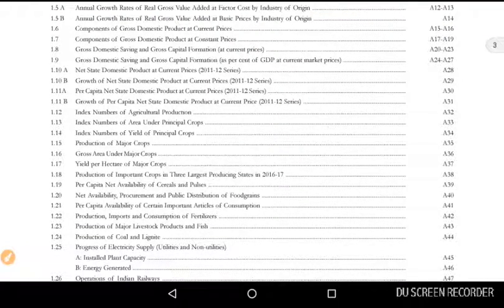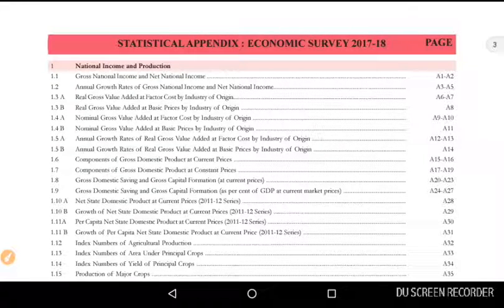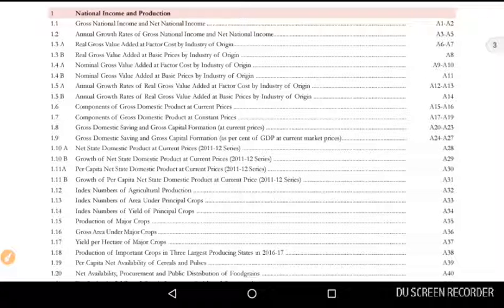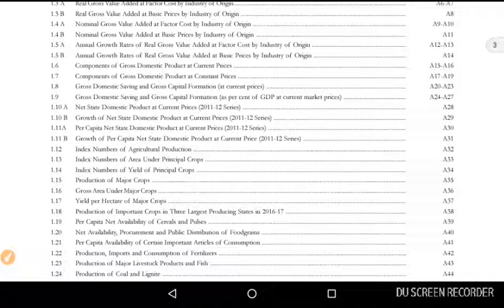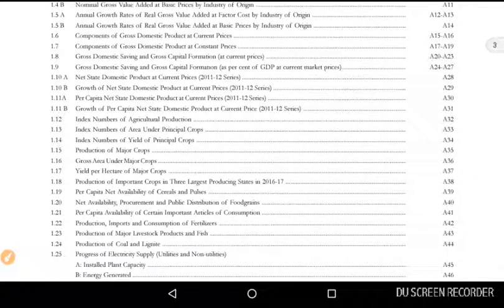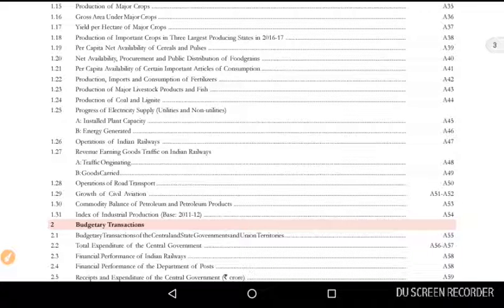Okay, so as you can see in topic 1, the government is talking about national income and production. In this part, the government is talking about various figures and facts. So this topic is not very important, but it is important. You must prepare this topic, especially the last column. You can see energy generated, installed capacity and energy generated, and operation of Indian Railways.